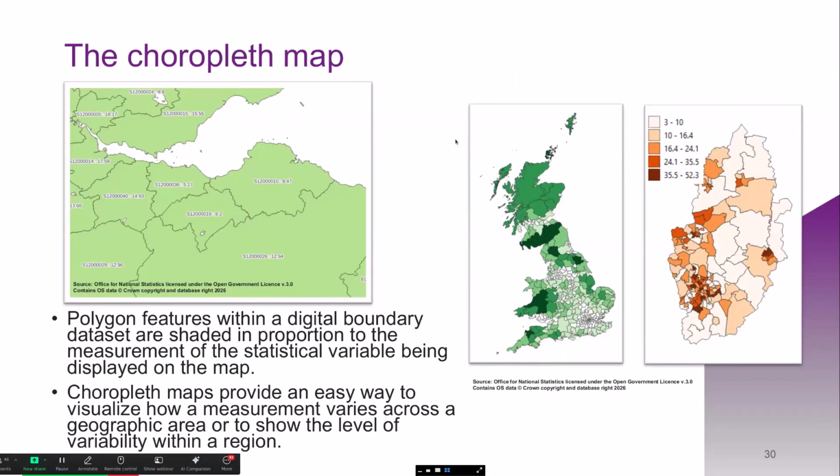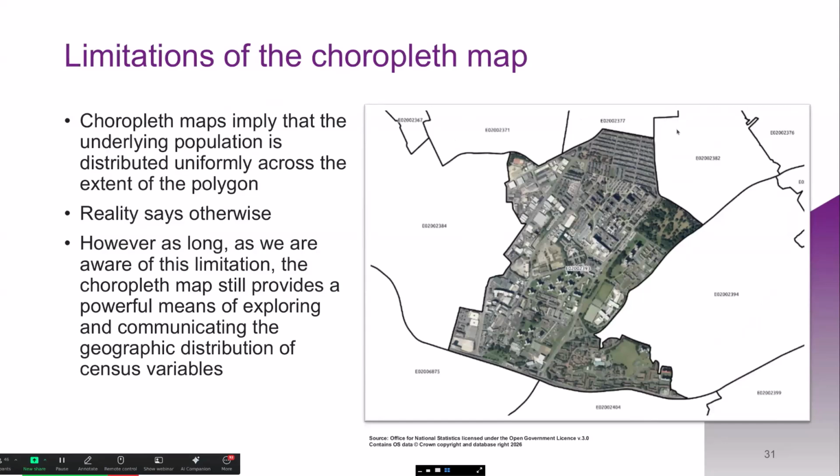There's a gotcha with the choropleth map though, because it implies that the underlying population is distributed evenly across the extent of the polygon. If you look at reality, this is an aerial photograph from the Ordnance Survey, and overlaid on it, the black outlines are the actual output area polygons.